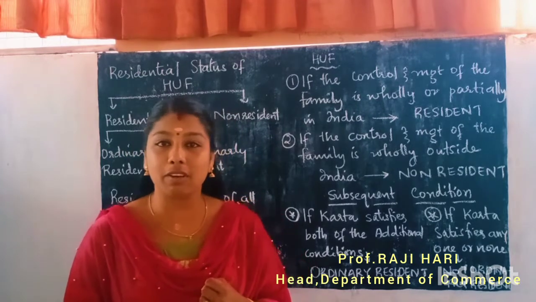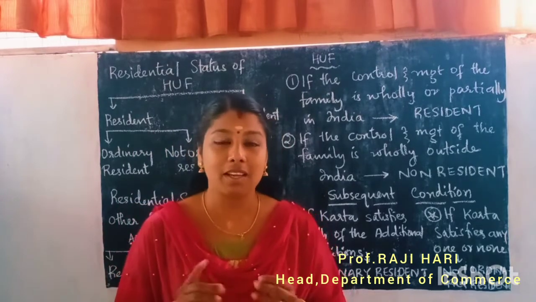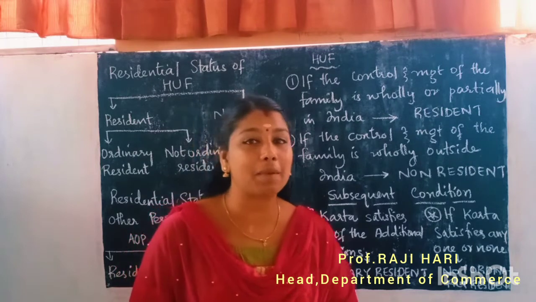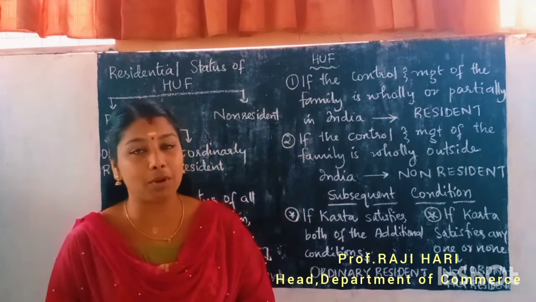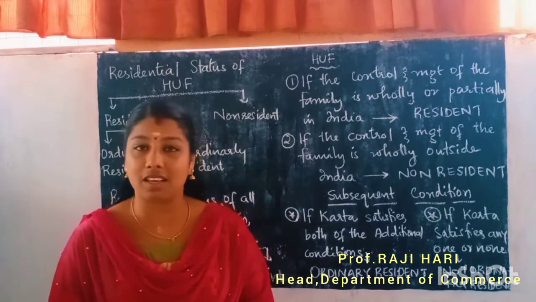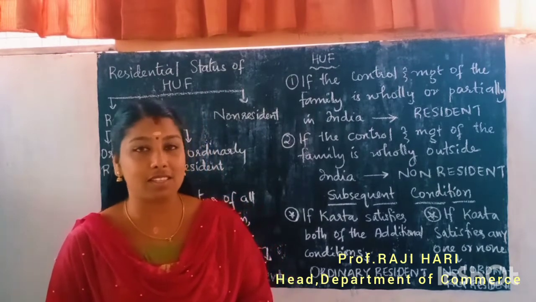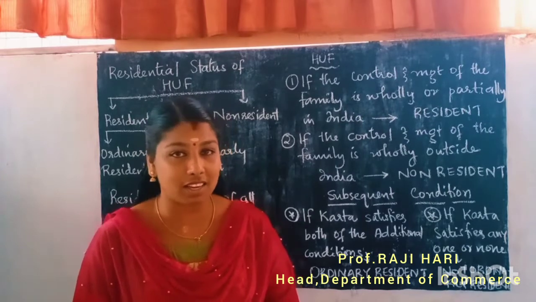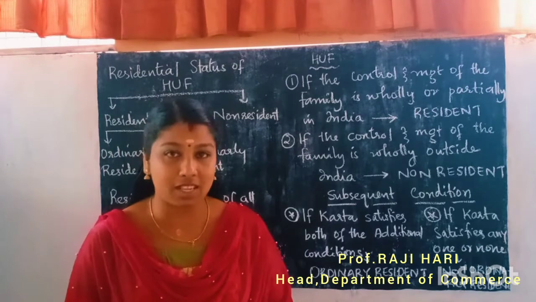That is, we calculate whether an assessee is resident or non-resident by calculating the number of days he is physically present in India. And section 6 subsection 1 provides two basic conditions to determine whether an assessee is resident or non-resident. The first basic condition is that he was in India for a period or periods aggregating in all 182 days or more during the previous year.